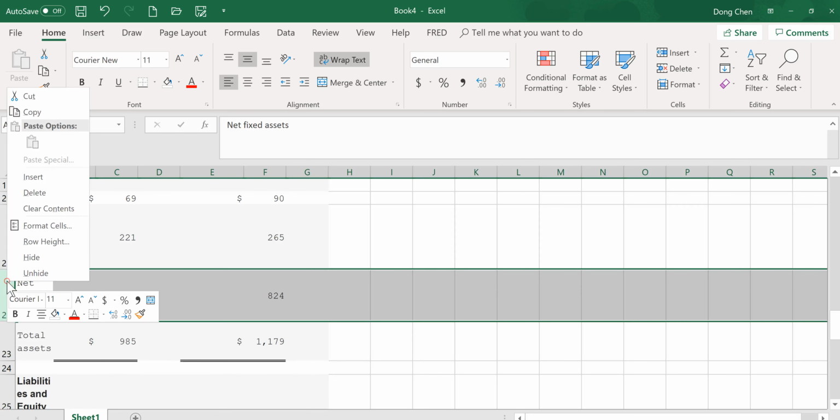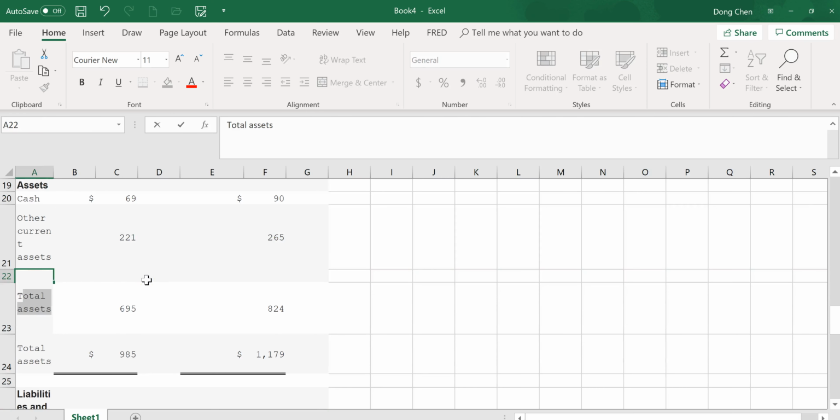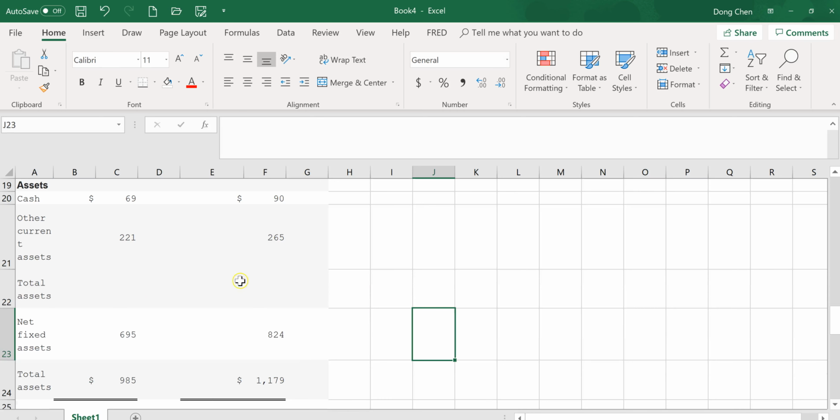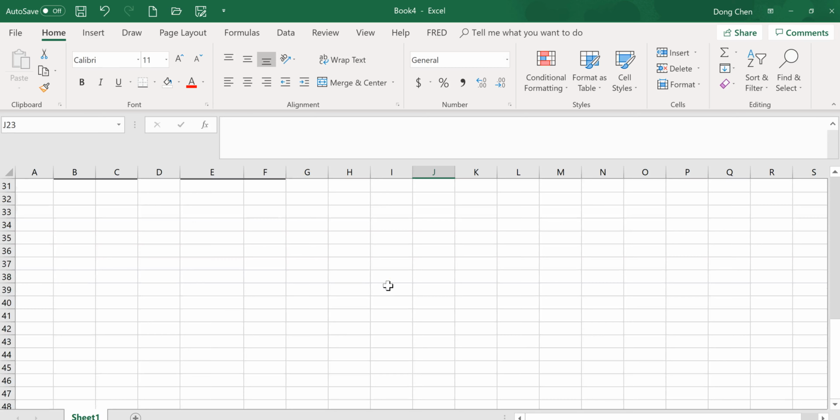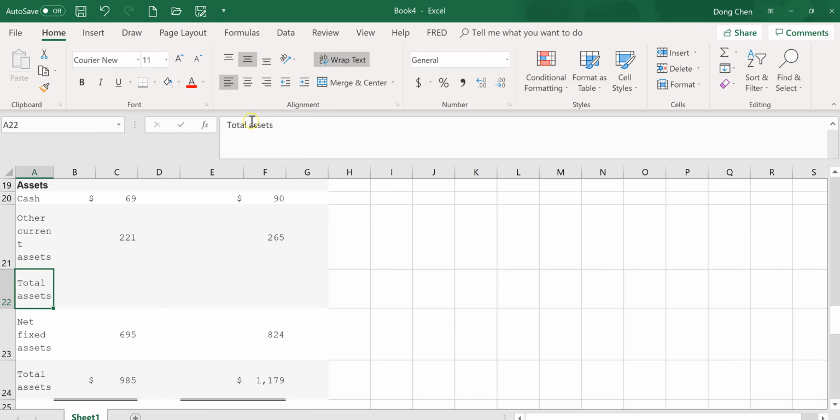So we can add one row which stands for the total current assets.